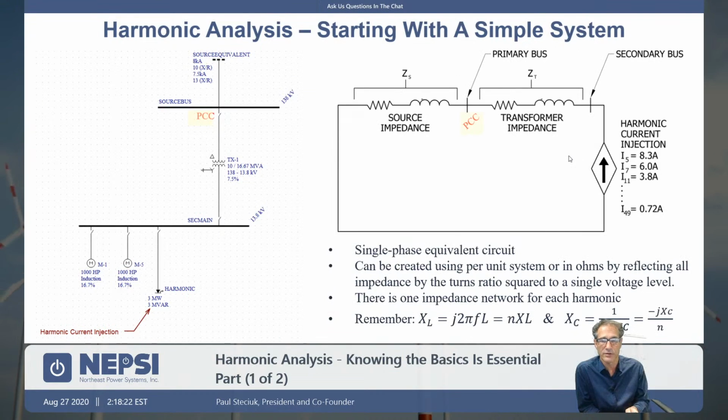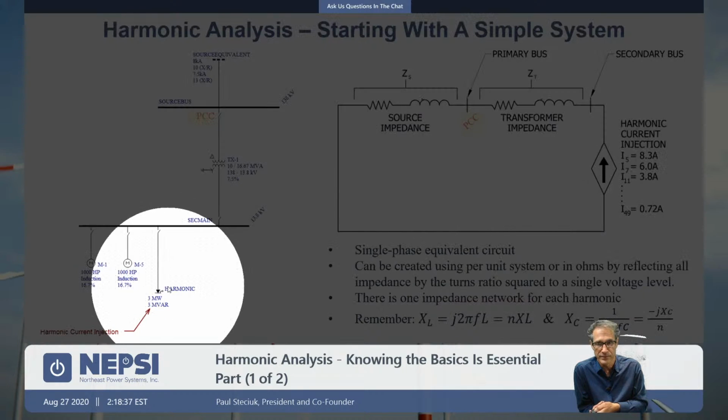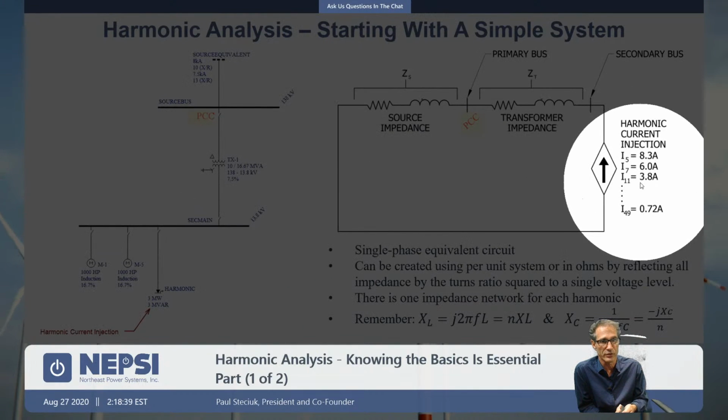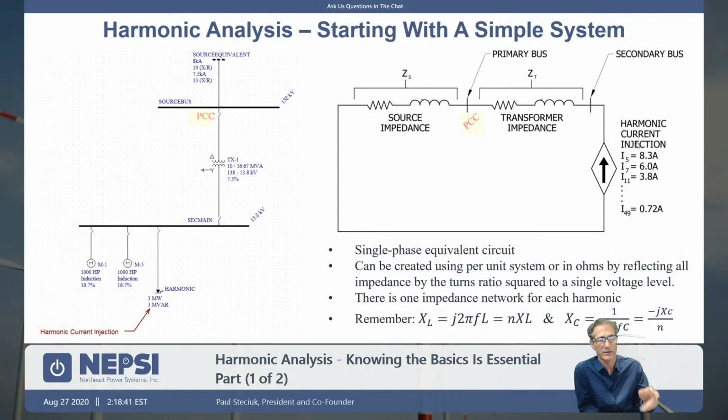Now, harmonic analysis almost always assumes that the harmonic producing device is a current injection, an ideal current source. So in this case, this device here is producing these harmonic currents: 8.3 amps fifth, 6.0 amps seventh, 3.8 amps eleventh. These are values, and we'll talk about where they come from, but these are harmonic current injection values.